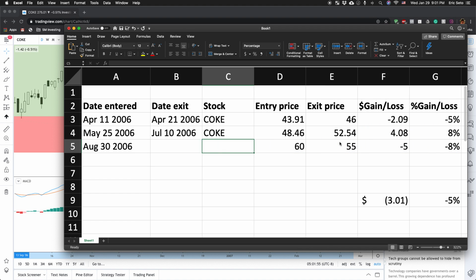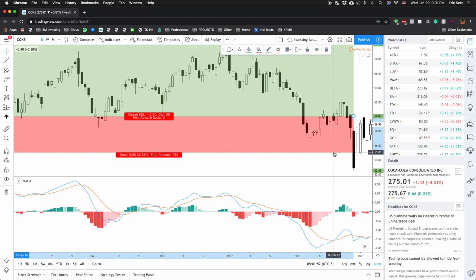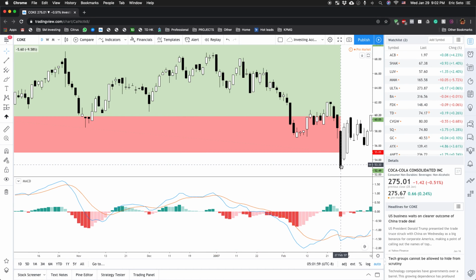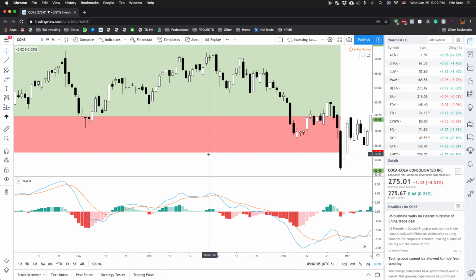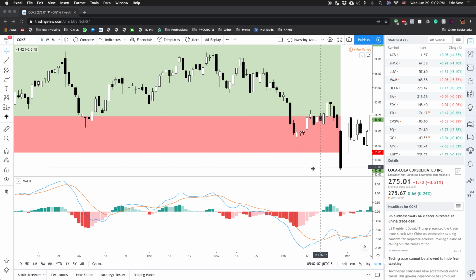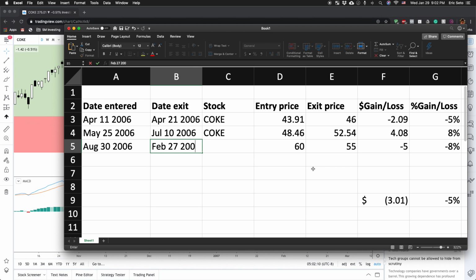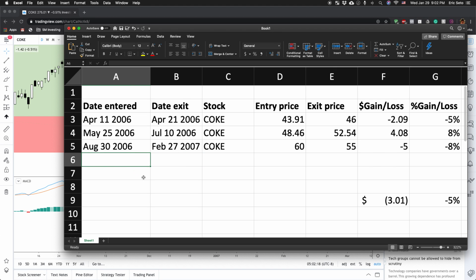So now I'm down 5% again. And if I'm just trading Coke by itself, I'm actually at February 27th, 2007. So you can see right now, after almost a year of investing, I'm down 5% using this very simple MACD strategy.